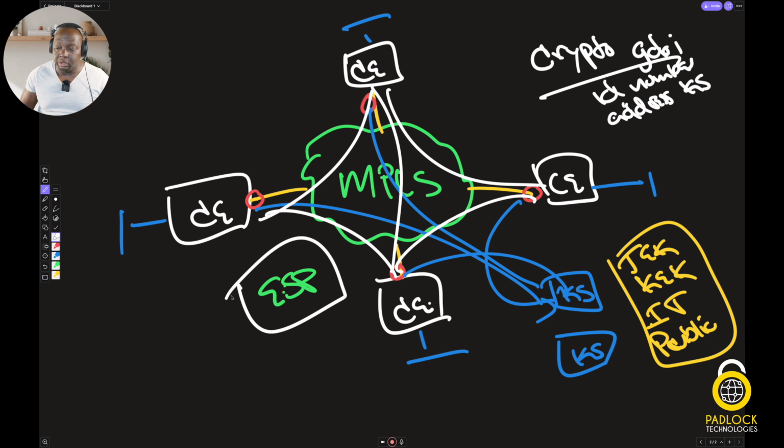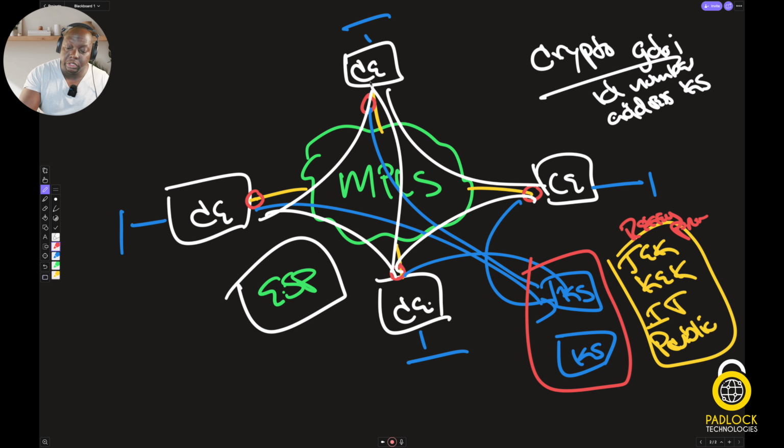Now, the attack vector here is the key server. You lose this, all of this basically goes away, right? Because you need the key server to do rekeys. They send out these rekey messages, signed with the private key of the key servers.